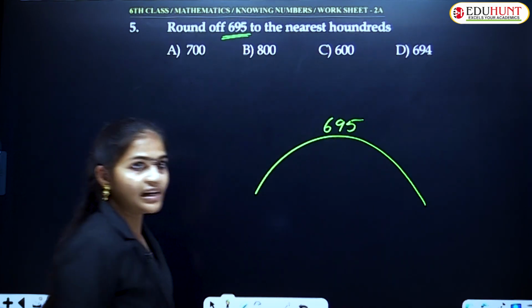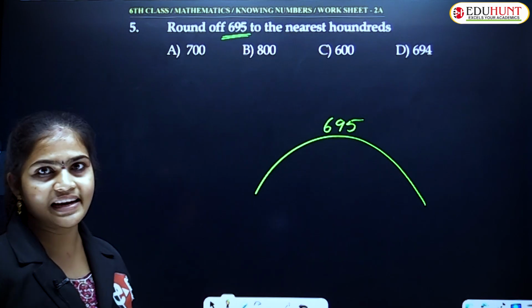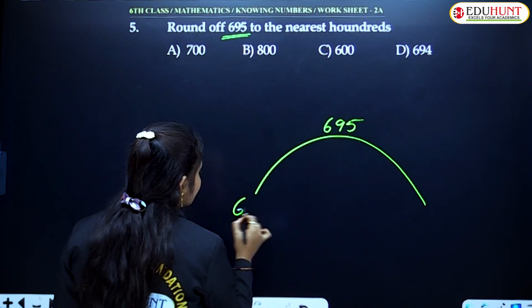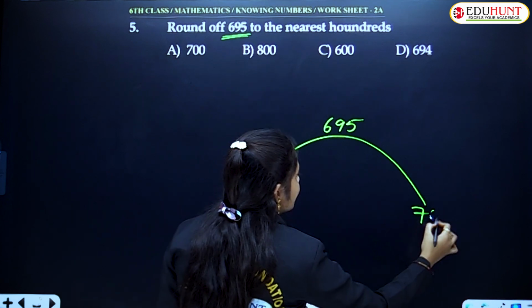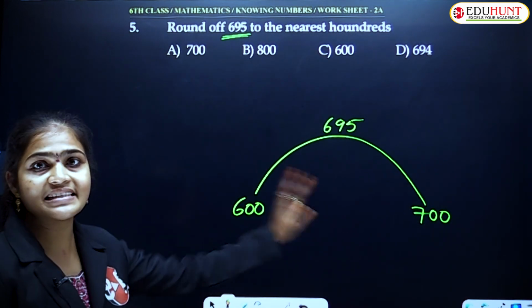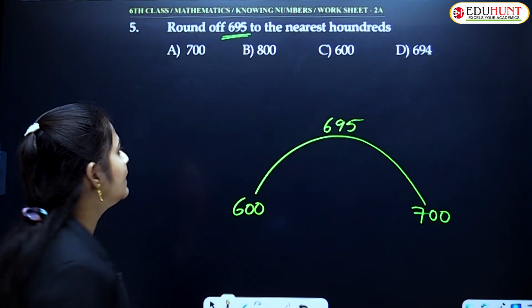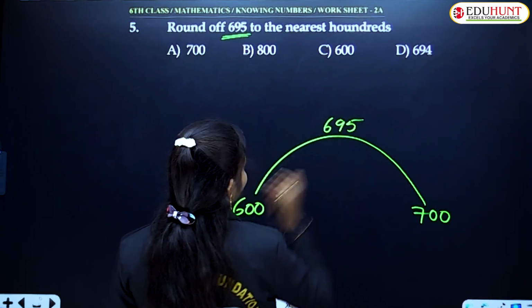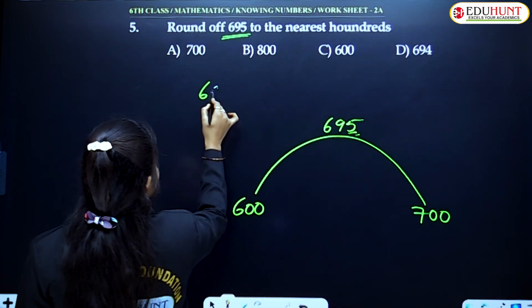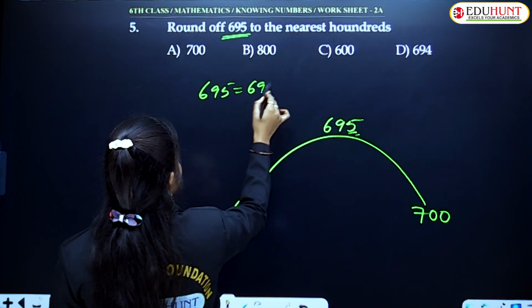695. So the nearest hundreds they are asking. 695 is there. 600, 700. Yes or no? That number lies in between 600 and 700. That's why here 695 is there. 695 means that number only they gave here. 695 is equal to 695.